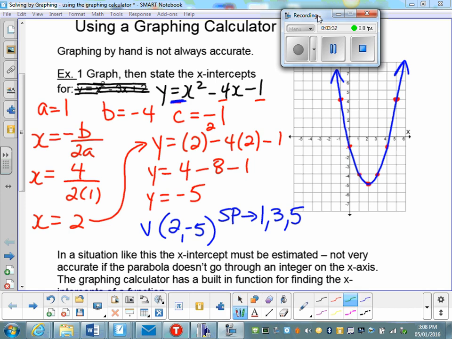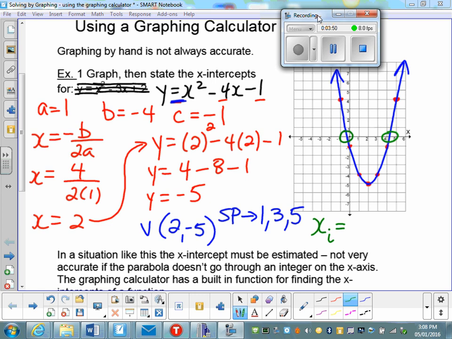So I graphed it. Now I have to state the x-intercepts. The problem is that the x-intercepts don't go through exact points here, so we're kind of estimating.